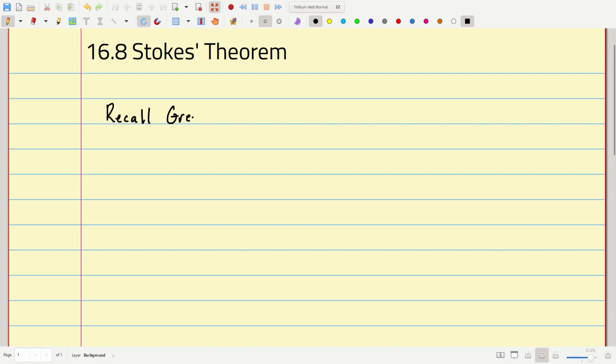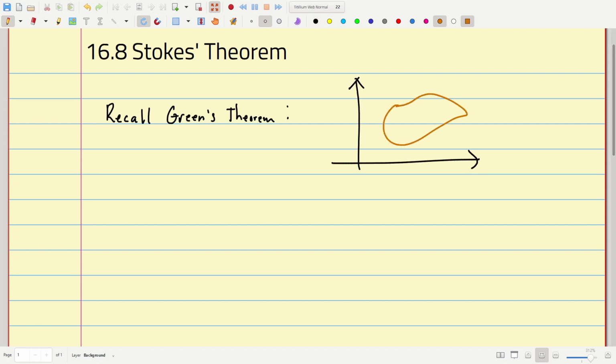So let's start with our previous result that related two types of integrals. Green's theorem. Okay. Basically, for Green's theorem, we have a picture of some domain, and I think about the integral as being in two parts.